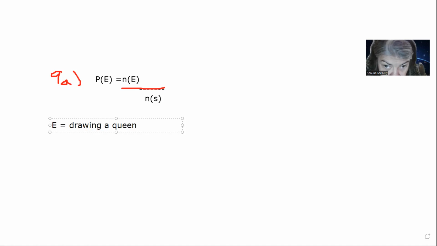So how many queens are in the deck? What is the number of outcomes of the event? You can pause the video at this time and think about how many ways to get the event and how many outcomes in the sample space. You need these two numbers to make this probability. Pause the video and think about it.